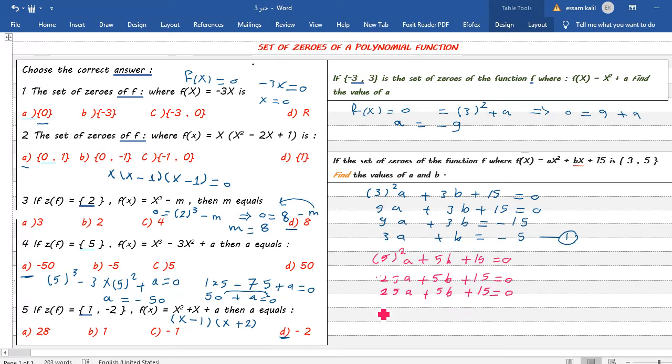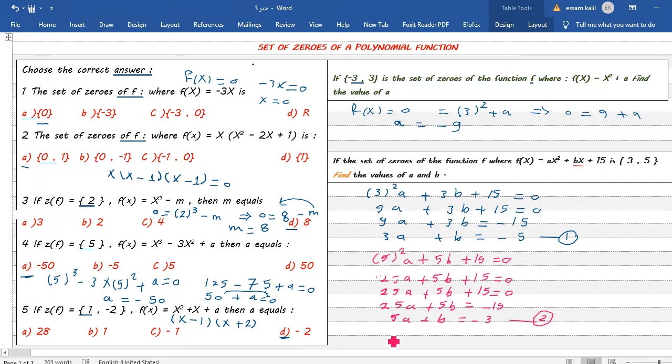Move 15 to the other side, it will become 25a plus 5b equals negative 15. Divide all sides of this equation by 5, it will become 5a plus b equals negative 3. This is the second equation.